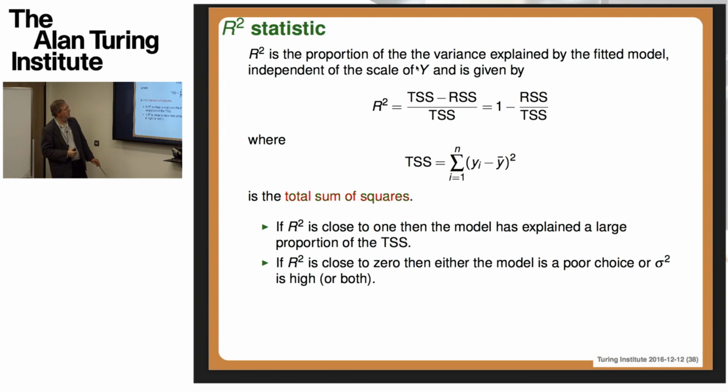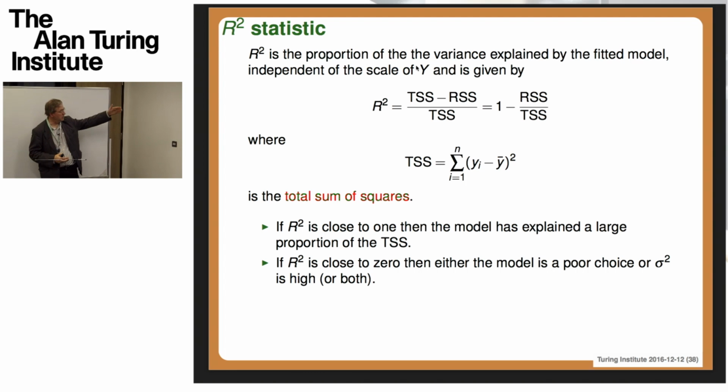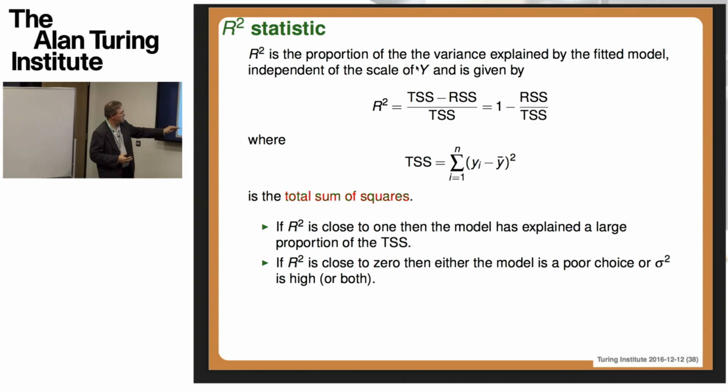If that R squared is close to 1, then the model has explained a large proportion of the total sum of squares, the total variability associated with the y's. So that would be a very satisfactory outcome. However, if it's close to 0, then either we've got a very poor model, we haven't succeeded in explaining a large proportion of the variation in the data, or the sigma squared is high.